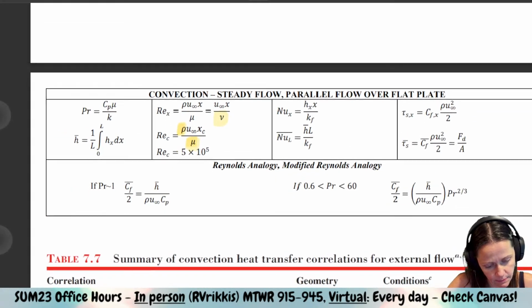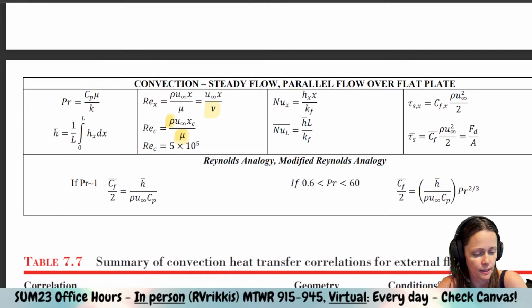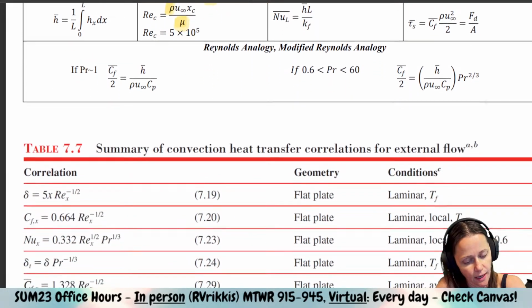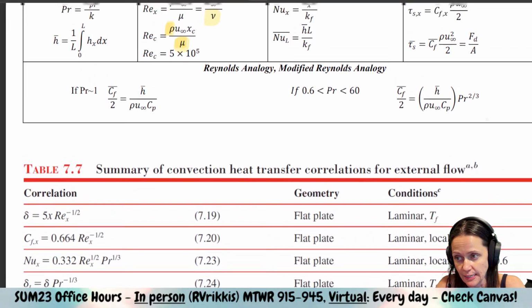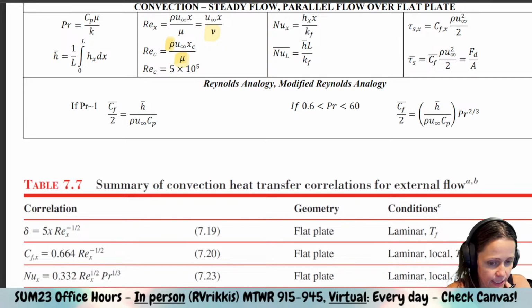You can see that the drag force F_D, up here at the top right-hand corner, is related to F_D over A being equal to the average shear stress over the plate.